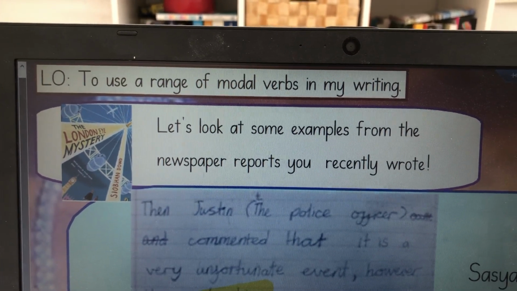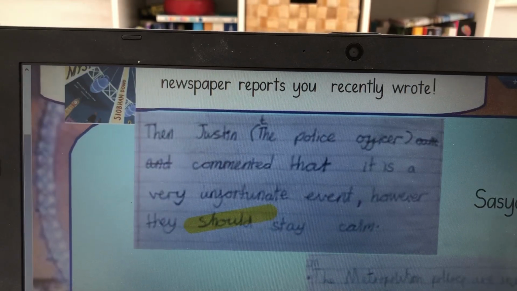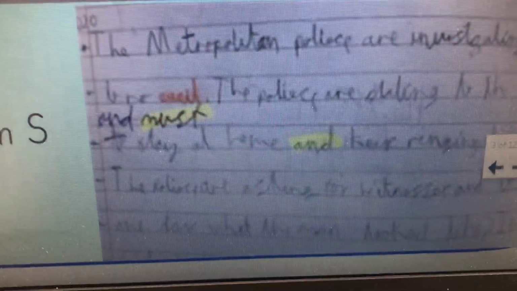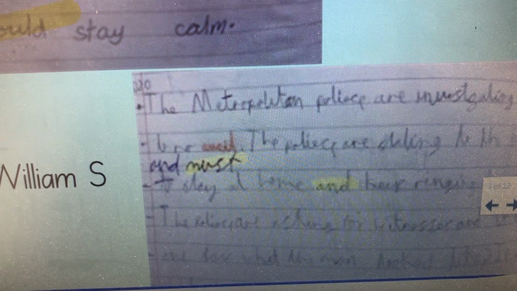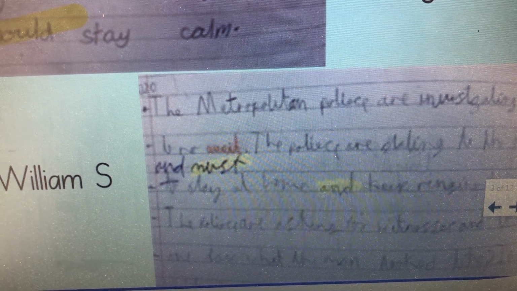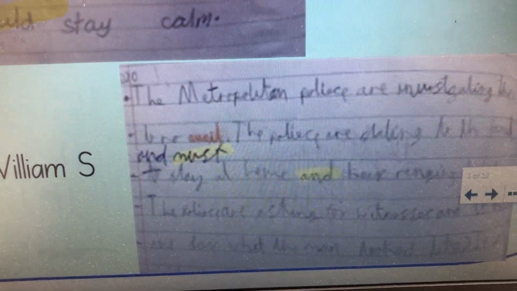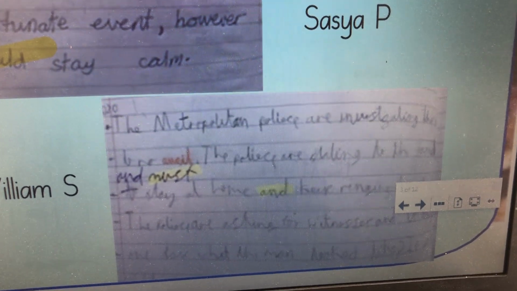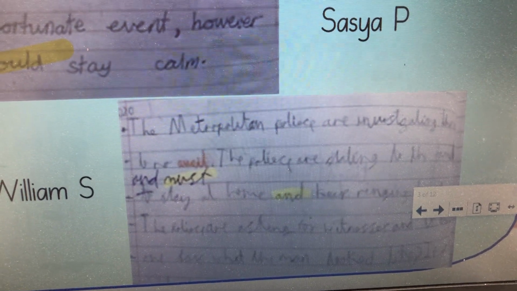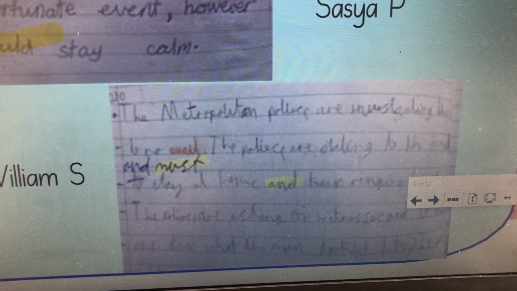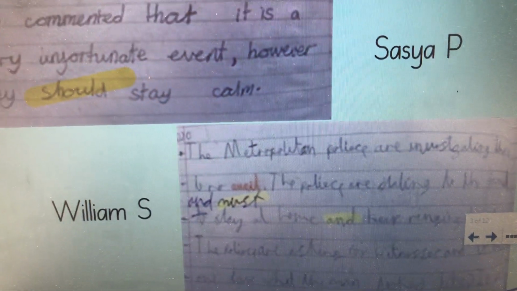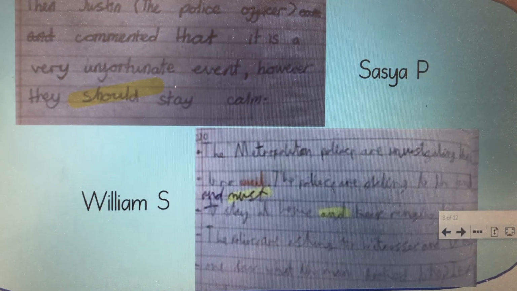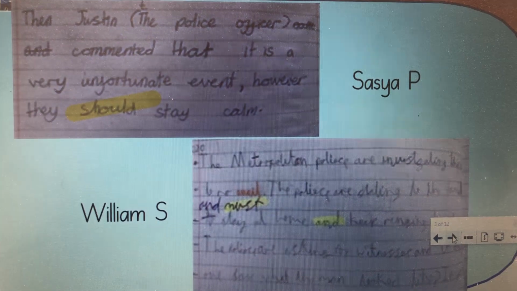And looking at William's work here, William's sentence says, the police have stated that the family must stay at home and keep ringing his phone. And William's already edited his work and highlighted his modal word must when he was self-assessing. So well done. We've got must and should being used in examples of your own writing.